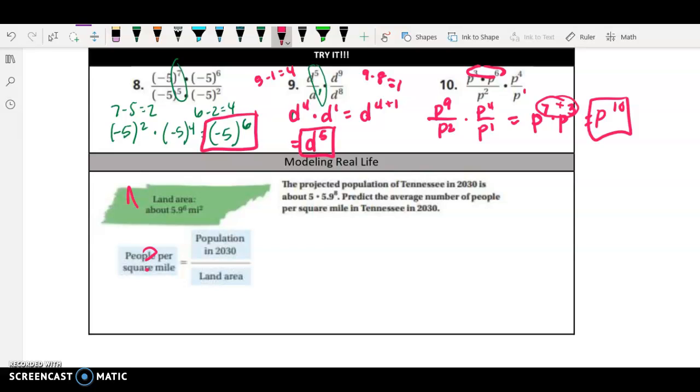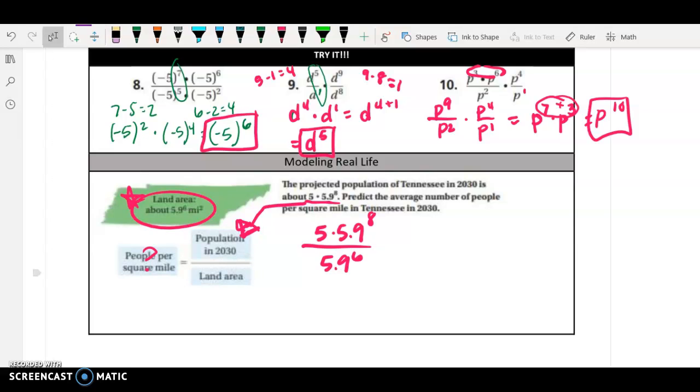And you'll notice the land area is located in the image. So we have the projected population, which is going to go on top. So we have 5 times 5.9 to the 8th over our land area, which is 5.9 to the 6th.